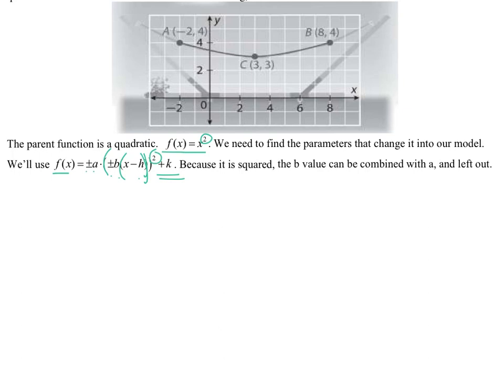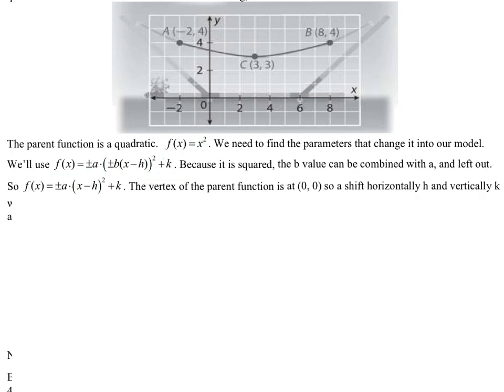And then here it says, because it is squared, the b value can be combined with a and left out. That's like I was saying, is that horizontally stretched or is it vertically compressed? It's either one or both. Our a and our b can be in either place because it's a squared model. So we're just going to leave the b out altogether and call it an a value. That cleans it up a little bit.